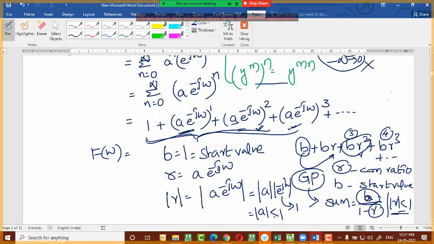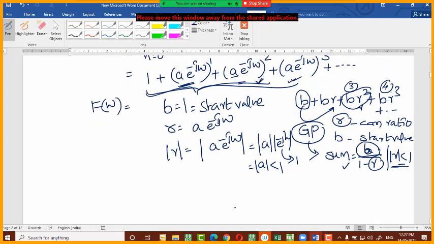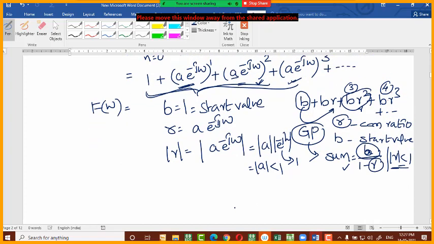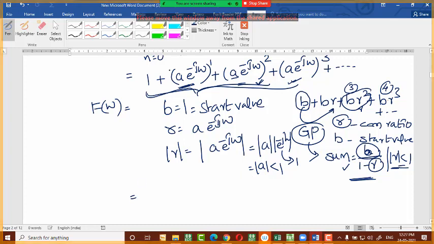So here that is helpful. Whenever it is less than 1, then only we can apply this formula. That's why that condition is very, very important. Now the condition has been satisfied. Magnitude of R is also less than 1, so we can use that particular formula in order to add this.